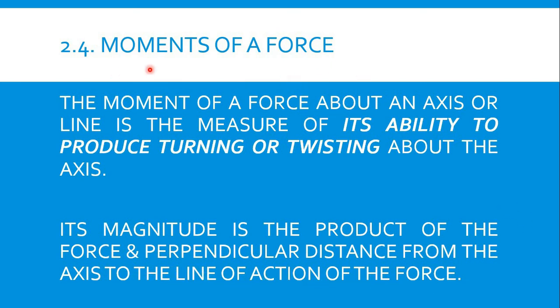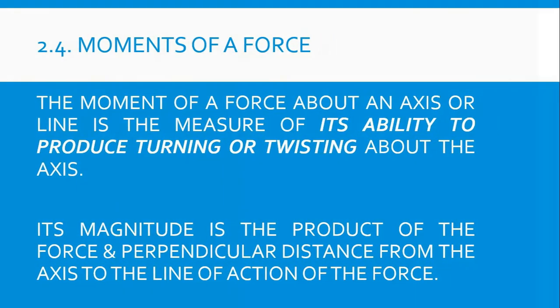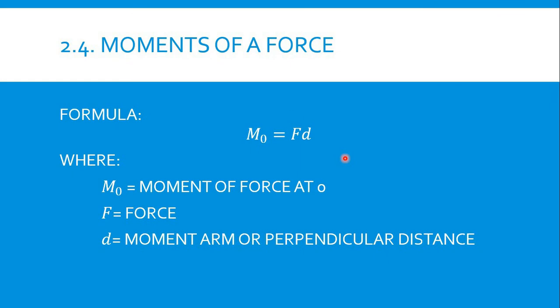So moment of a force is more on the ability to produce turning or twisting about the axis. The formula for the moment of a force is M equals F times D, where F is the force and D is the moment arm, or perpendicular distance.